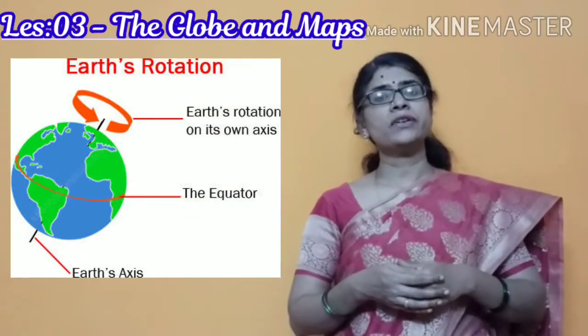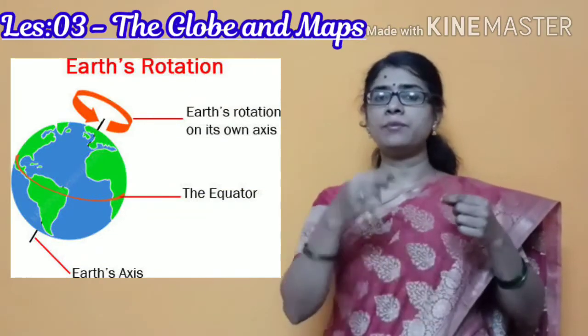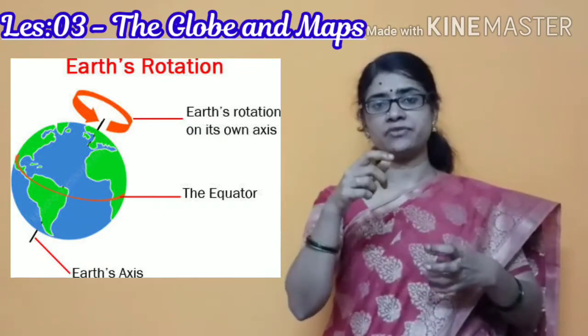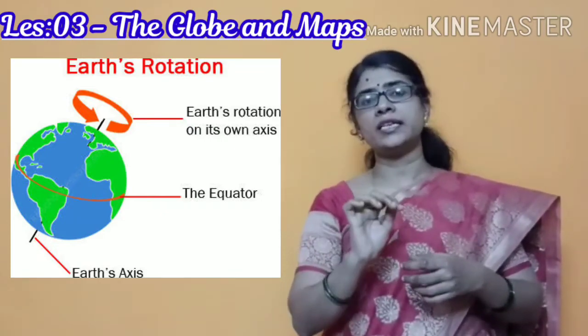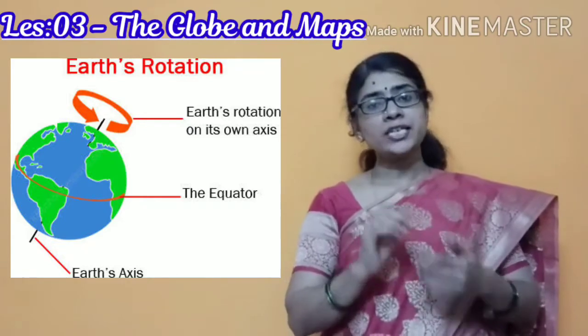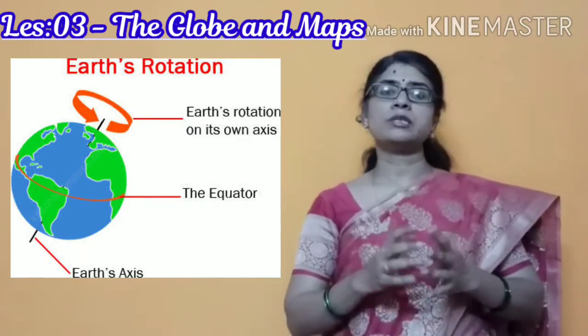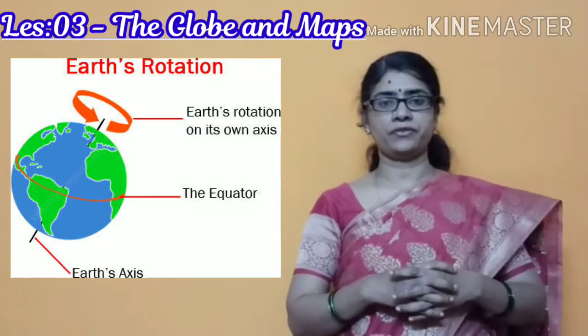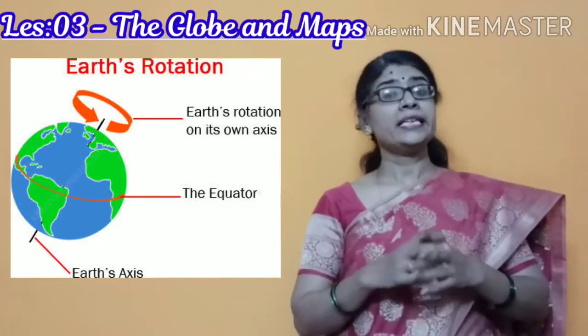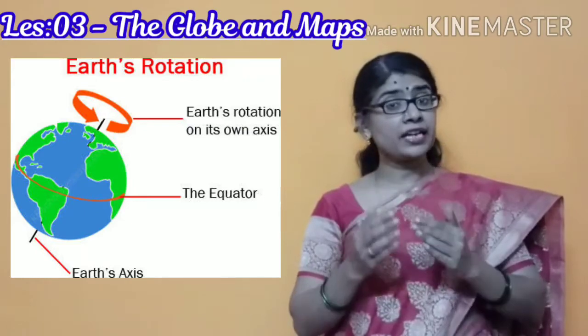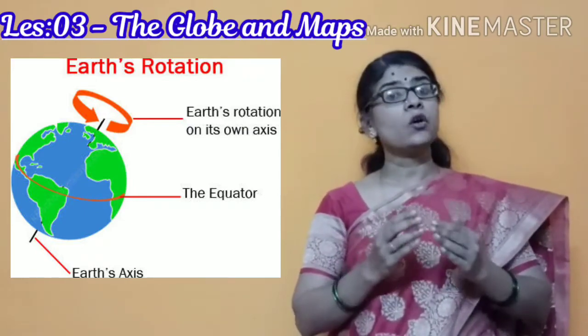Because it is fixed to a rod at two end points so that we can rotate the globe. Just as our earth spins on its axis, the globe also spins on a rod. It is also tilted, the same way the earth is tilted.